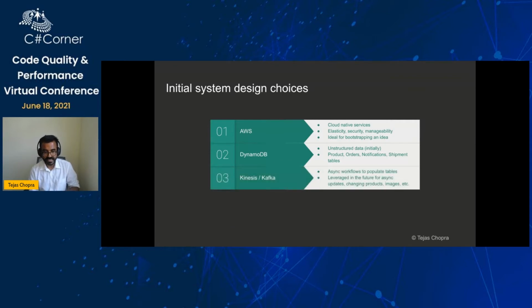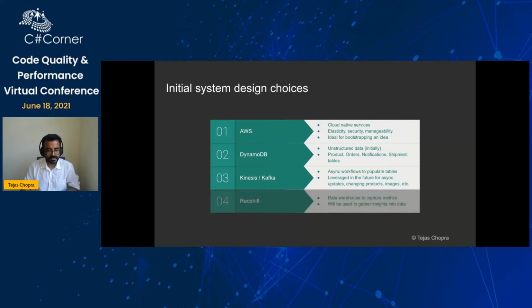I used Kinesis, which is an event producer consumer model where on the one end are producers that produce events, and on the other end are consumers that consume those events. It's like Kafka, but it is managed by AWS, and it is leveraged for asynchronous updates and other async workflows.